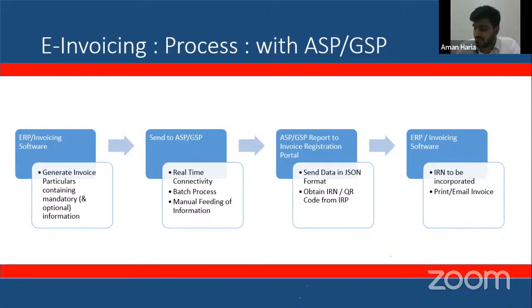Before actually saving the invoice, there is an option there. So basically your software will give you an option which will say, do you want to generate an e-invoice for this tax invoice?